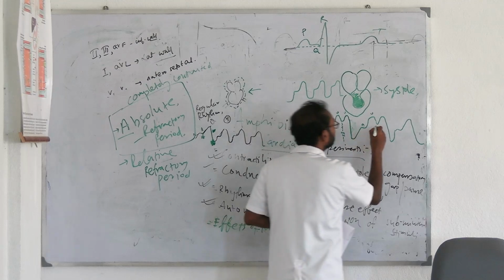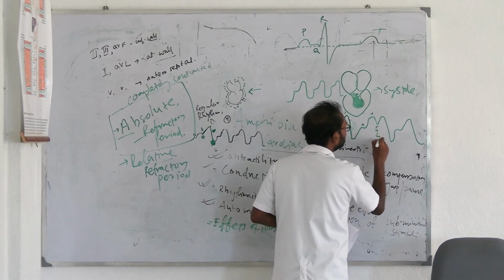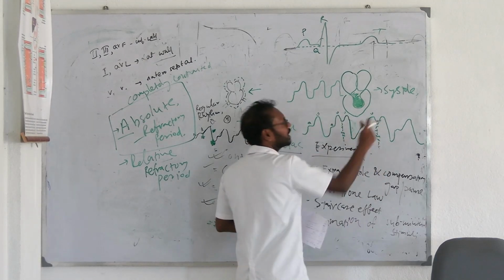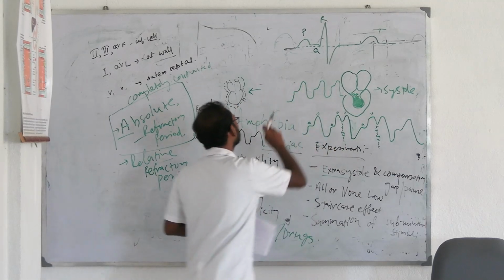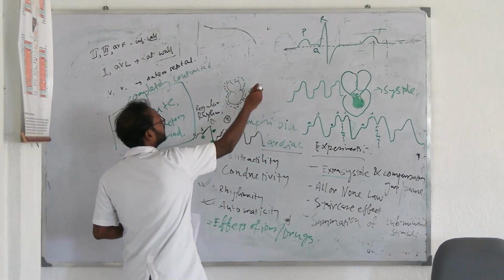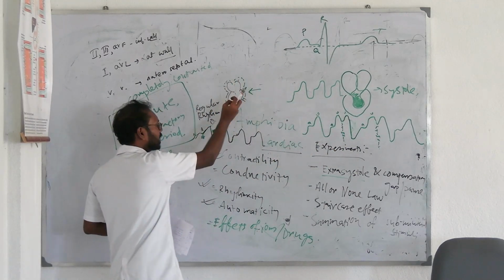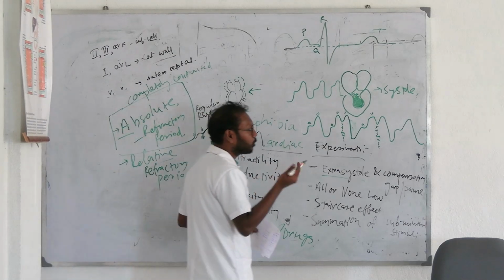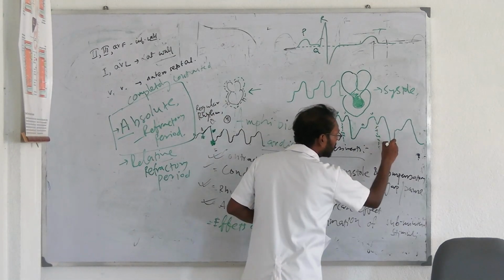I provide a stimulus, another stimulus I have given, the ventricle contracts again because it was getting dilated. I am providing a stimulus at this point, it again contracts. Now it cannot contract any further, so the graph will come down.